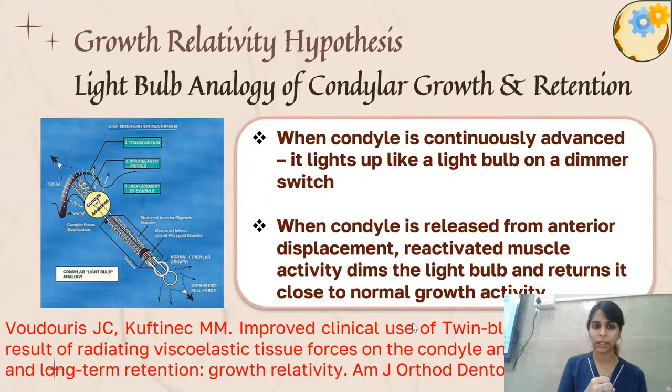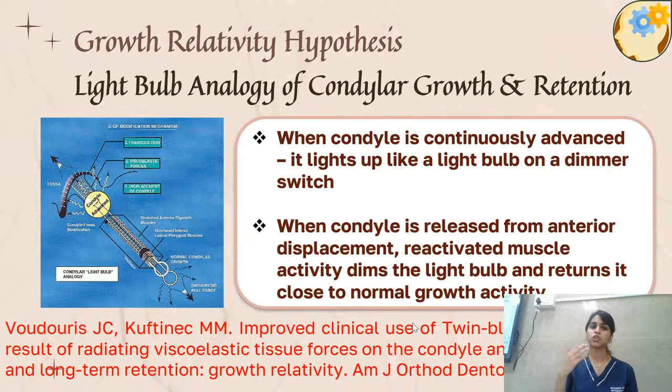When there is orthopedic pull force, there is shortening of the inferior lateral pterygoid muscle and stretching of the anterior digastric muscle. Now, all of this will cause advancing of the condyle, and on advancement of the condyle, there will be stretch of the viscoelastic tissue.